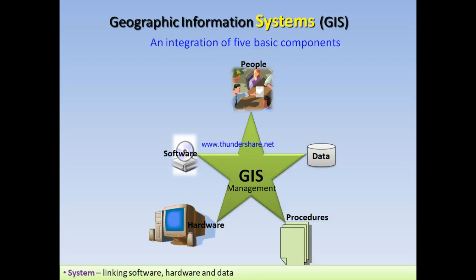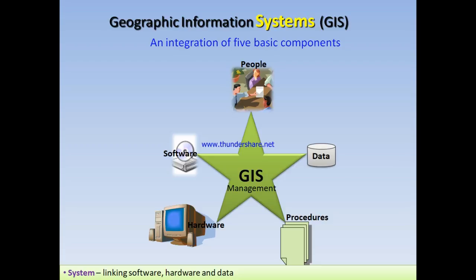A GIS can integrate spatial data with other existing data resources, often stored in a corporate DBMS, database management system. The integration of spatial data, often proprietary to the GIS software, and tabular data stored in a DBMS is a key functionality afforded by GIS. Then the third component is people.